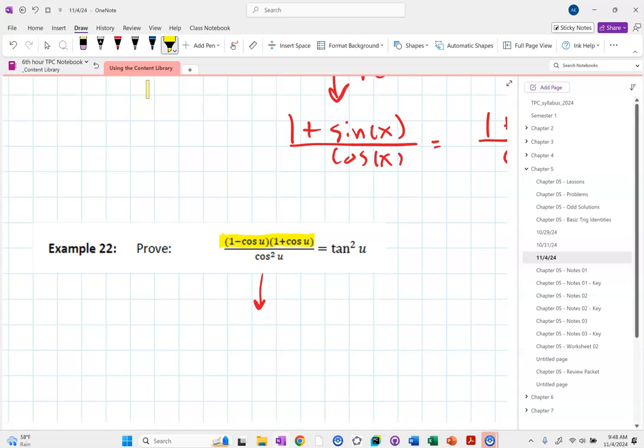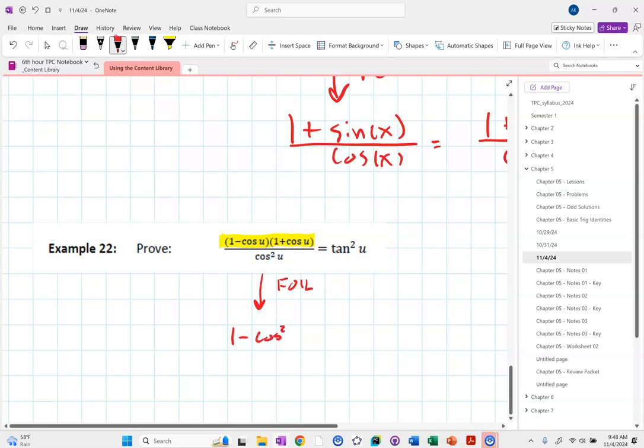That's that difference of two squares factoring pattern, right? Do I have any 1 plus cosines or 1 minus cosines in what I'm trying to get to? No. Well, let's FOIL that out then, because I know that it's going to leave me with a Pythagorean afterwards. And maybe that'll be helpful.